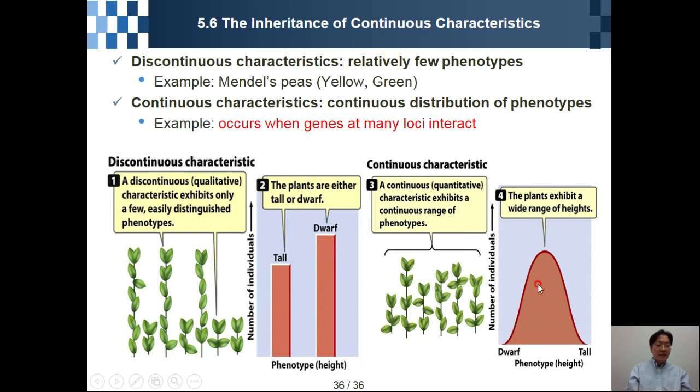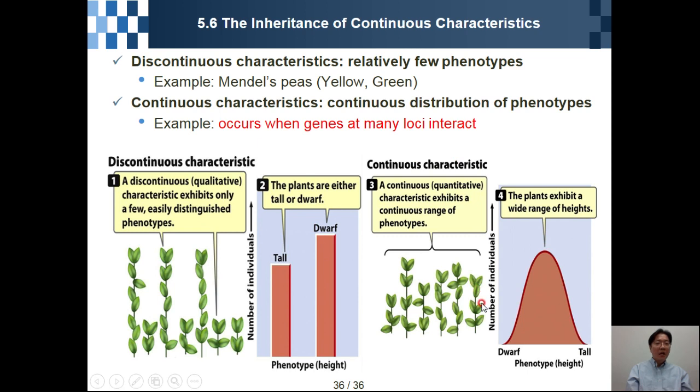So this is the continuous characteristic. Usually the genes involved in plant height are at multiple loci, and multiple genes take care of plant height.